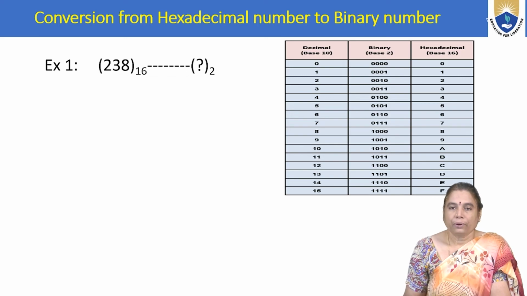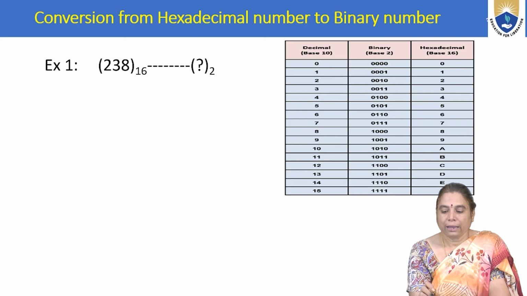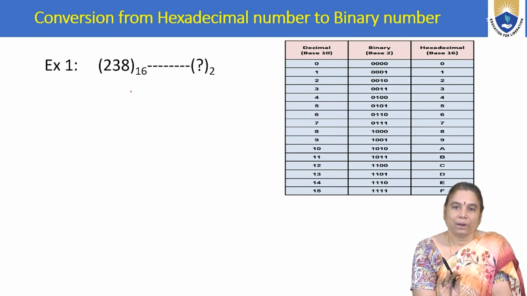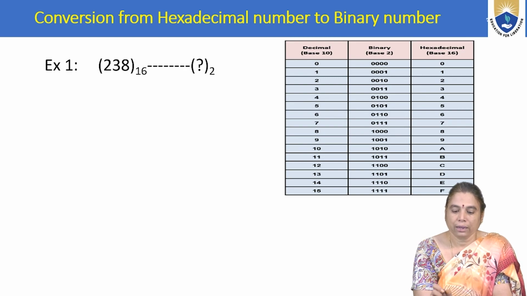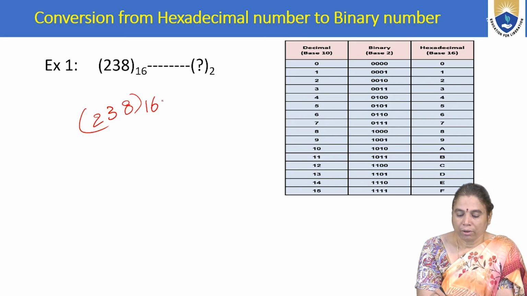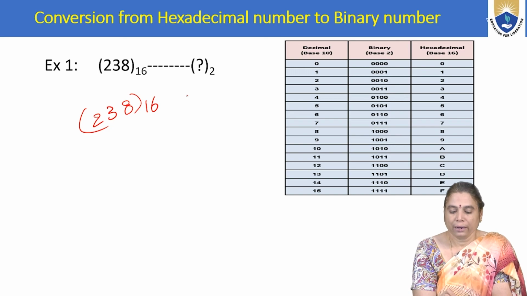we have to convert. How to convert a hexadecimal number to a binary number system? If a hexadecimal number is given, the 4-bit binary equivalent of each digit can be written in order to take the conversion. For example, take 238 base 16. What is the binary equivalent?